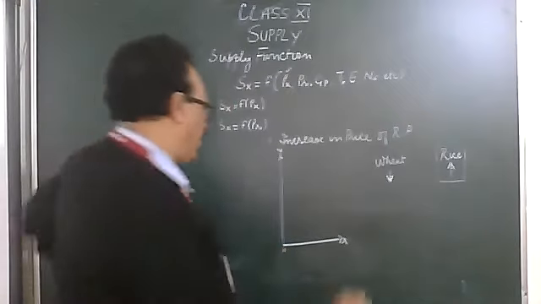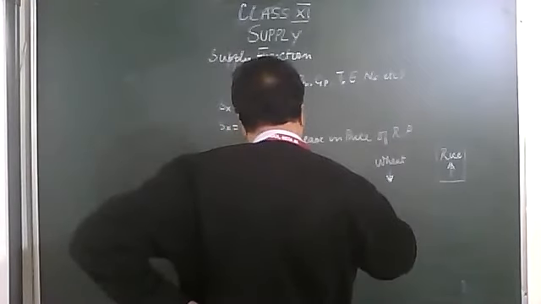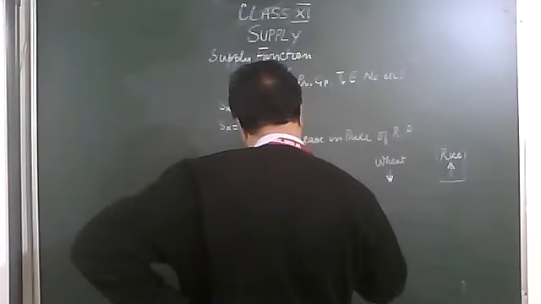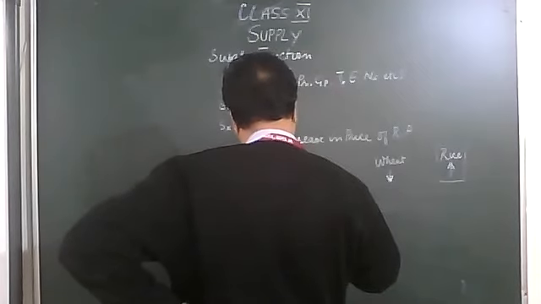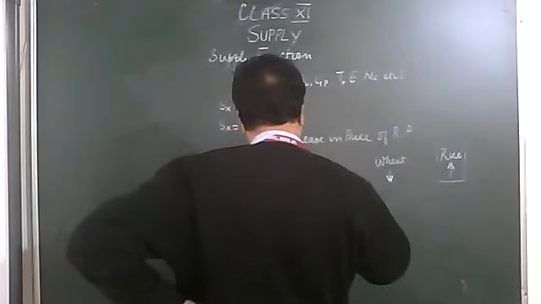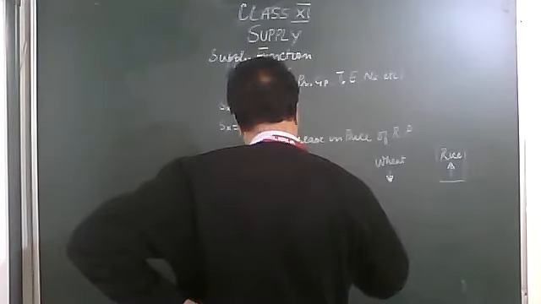So the diagram will be: how is the supply curve? Upward sloping. This is the original. Now the new curve will shift to the left. That is S1.